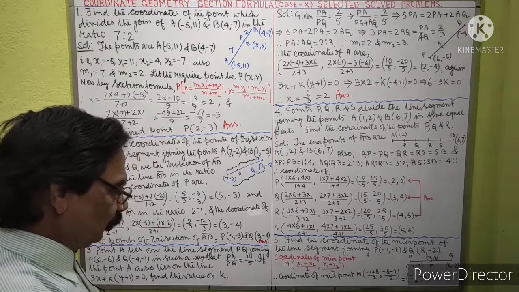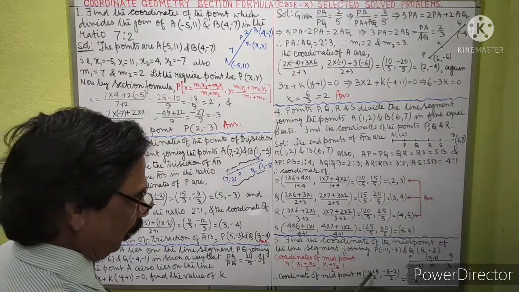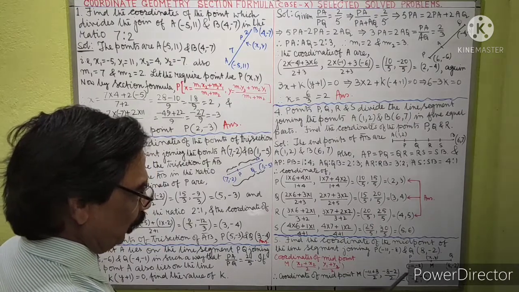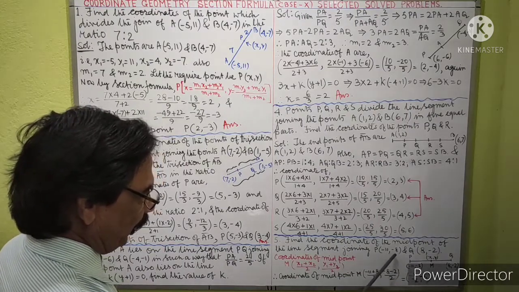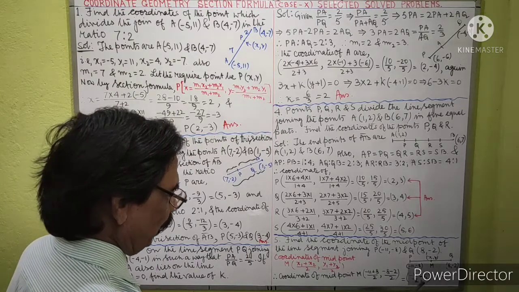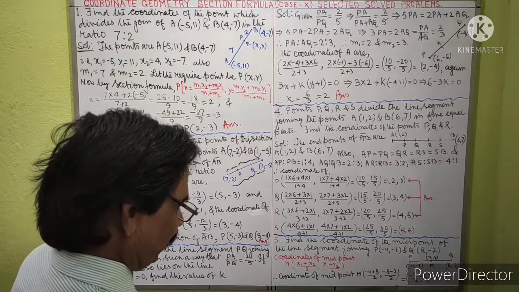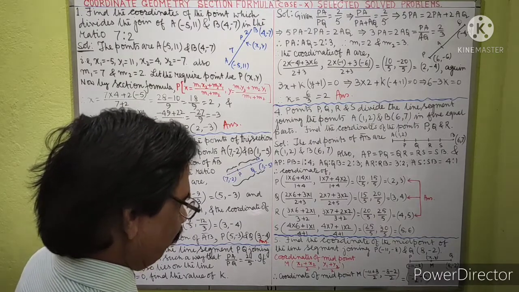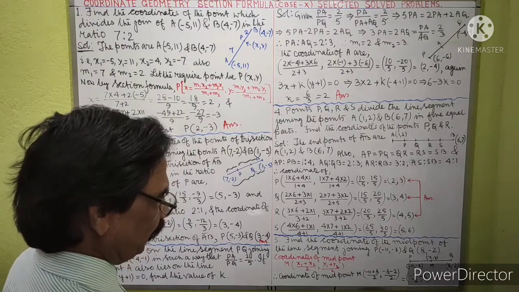So the coordinate of the midpoint will be (-11 plus 8) by 2 and (-8 minus 2) by 2, which is -3 by 2 and -10 by 2, that is -5. So these are the coordinates of the midpoint M.